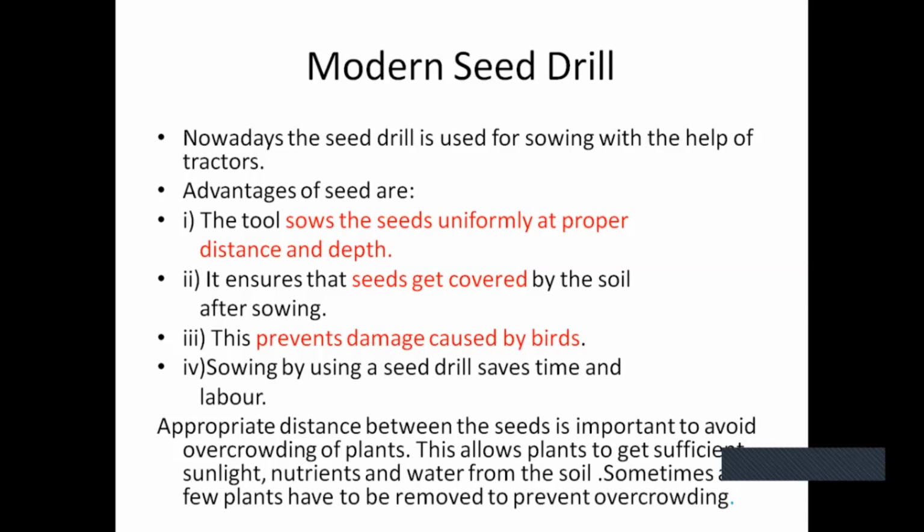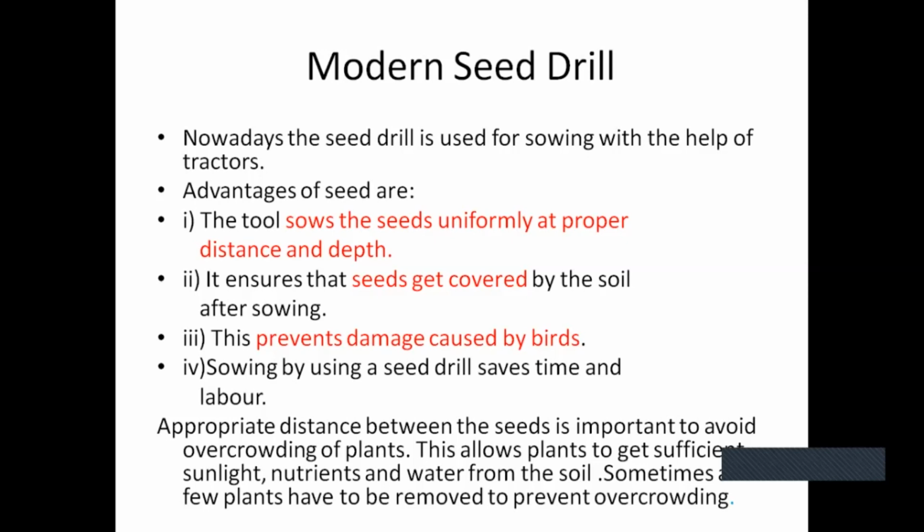And because of this seed drill, it has become very easy for the farmer to sow the seeds, because he has to sow a large area, right? If he has to do it by hand or with the traditional tool, it is very difficult. Nowadays this modern seed drill is driven by the tractor, and so it becomes easier for the farmer to sow the seeds. Now, what are the advantages of this modern seed drill?